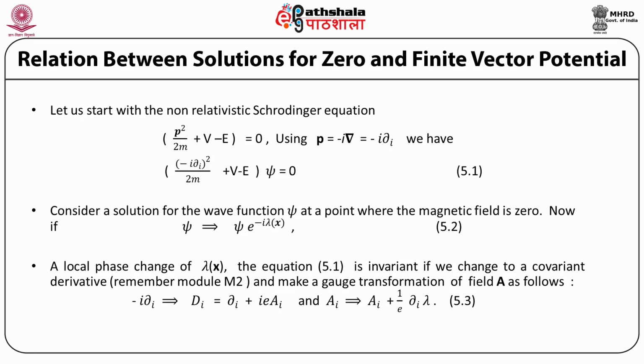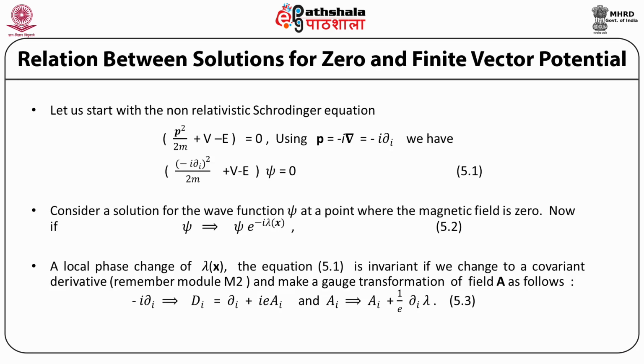Minus i ∂_i goes to capital D_i, which is our notation for the covariant derivative, that is equal to small ∂_i plus i e A_i. And A_i vector goes to A_i plus 1 over e times ∂_i λ.